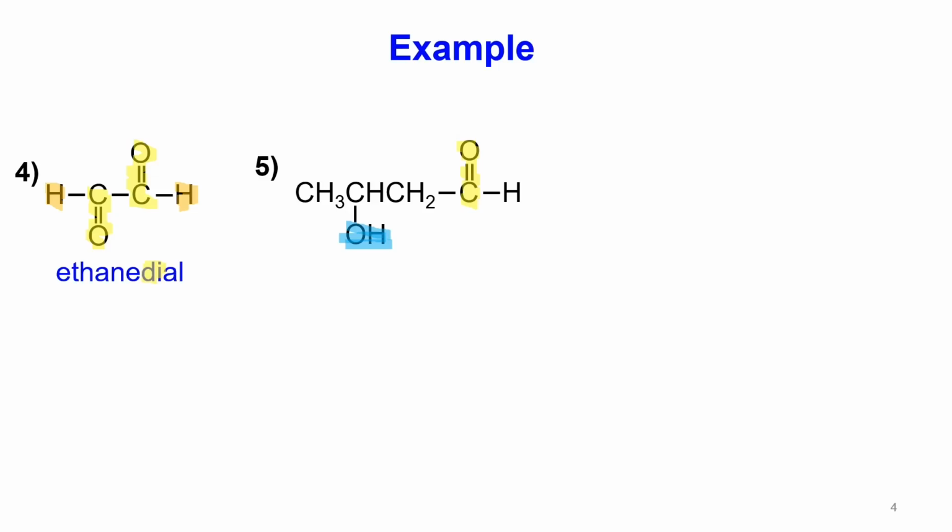The carbonyl group has higher priority than hydroxy. So the longest continuous carbon chain that contains the carbon double bond O is 1 carbon, 2 carbon, 3 carbon, and 4 carbon. Carbon number 1 should start from the carbon double bond O, then carbon number 2, 3, and 4.